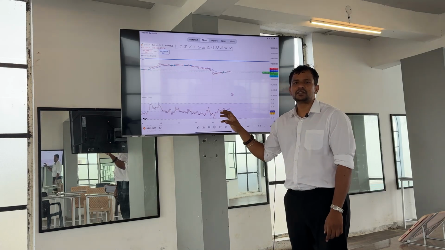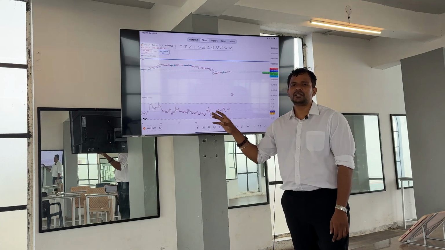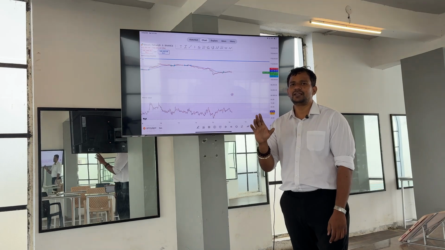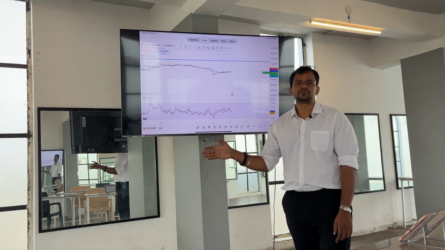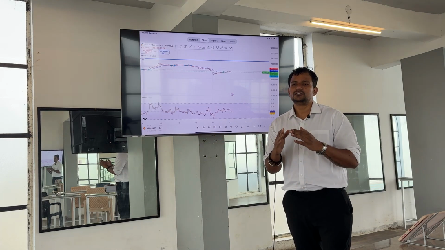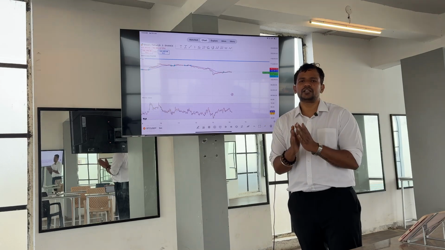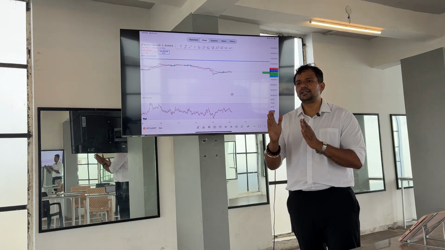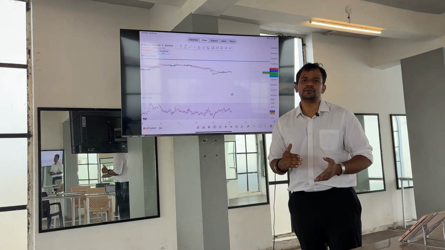So when we use RSI in a 5-minute space, we have to understand that the 5-minute RSI will only last for 10 to 15 minutes. When we shorten the time frame, the relative strength is only applicable for 5 to 10 minutes, because we are looking at the 5-minute RSI.